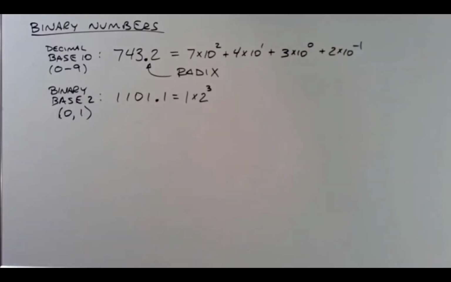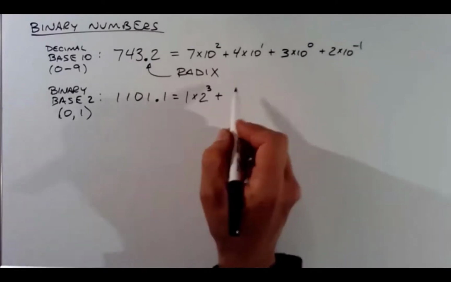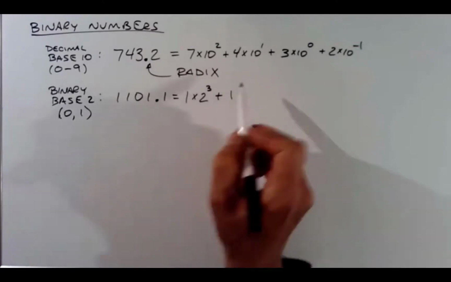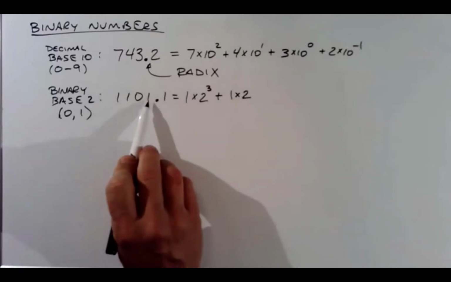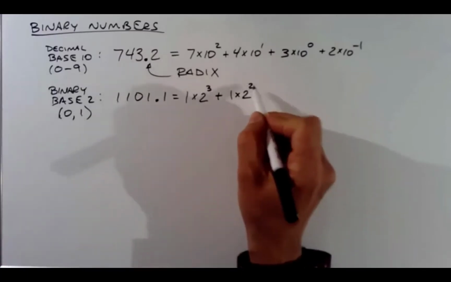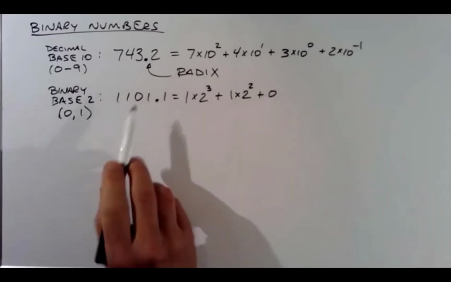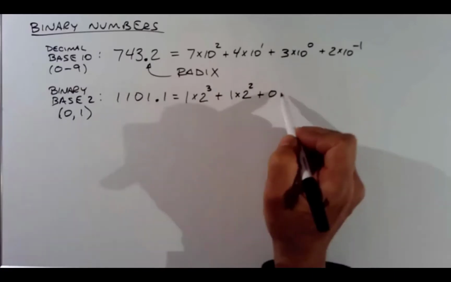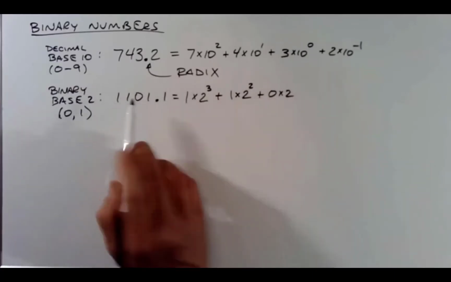You go to the next digit. So it's a 1 times the base 2 to the power of the position, 2. Then a 0 in the next digit times base 2 to the power of 1.